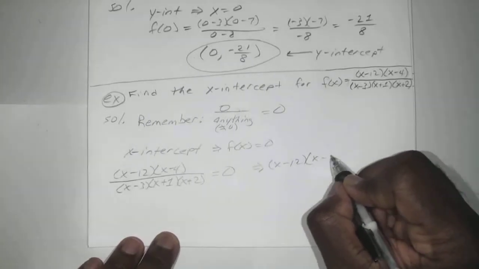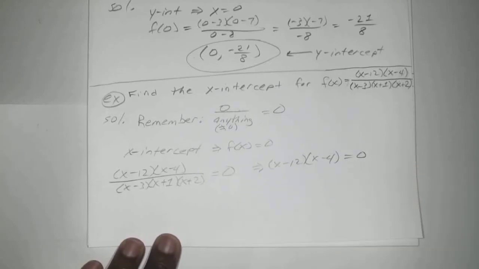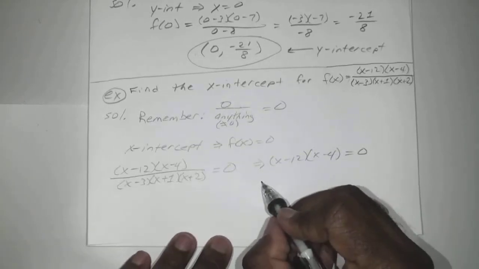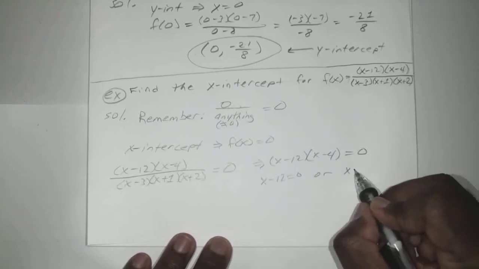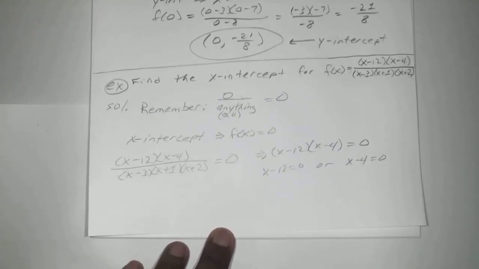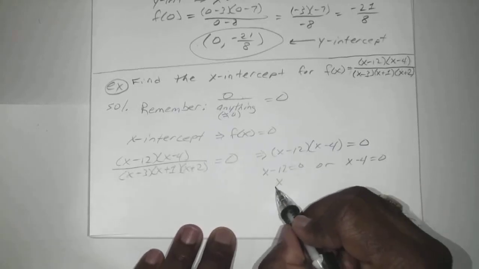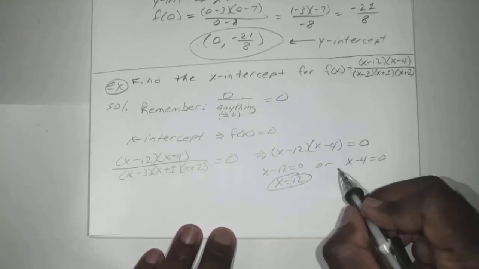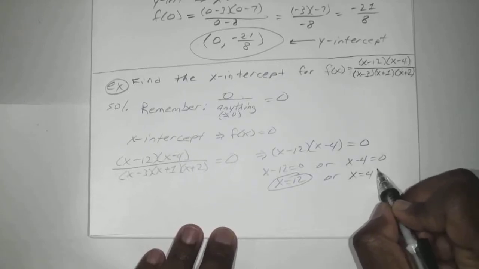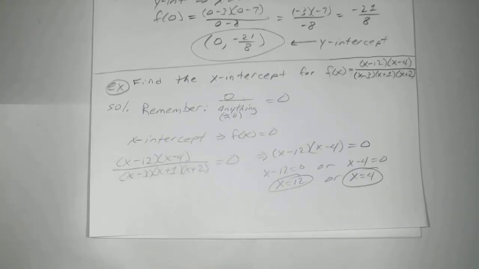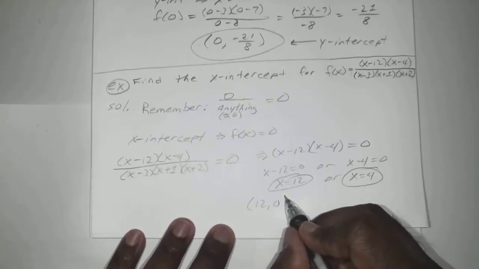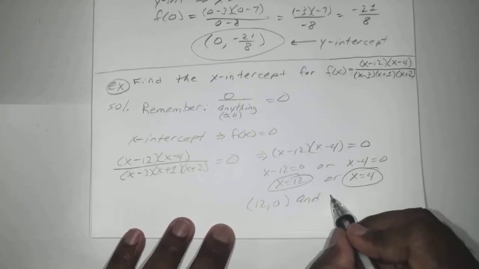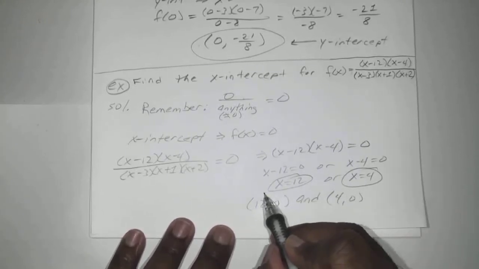Which is x minus 12 times x minus 4 is equal to 0. All we have to do is make x minus 12 equal 0, or x minus 4 equal 0, which means that x can equal 12, or x can equal 4. So our actual x-intercepts are 12, 0, and 4, 0.